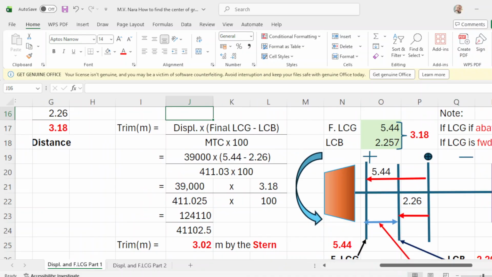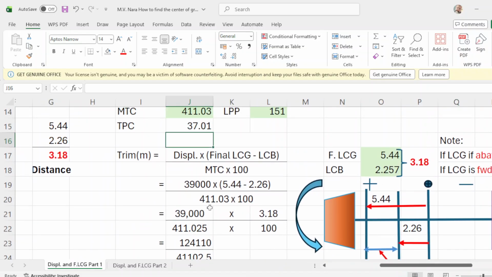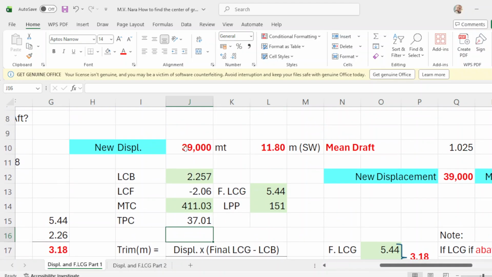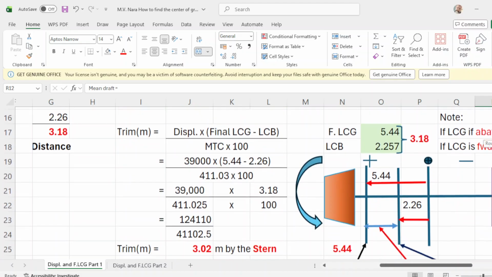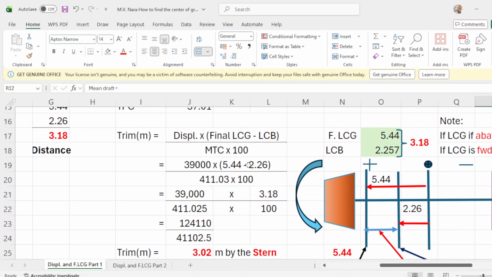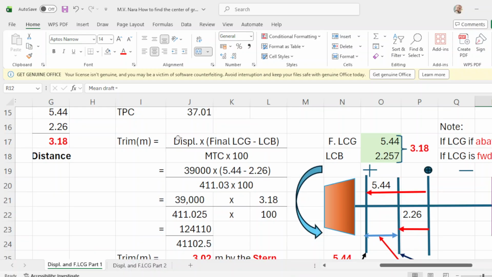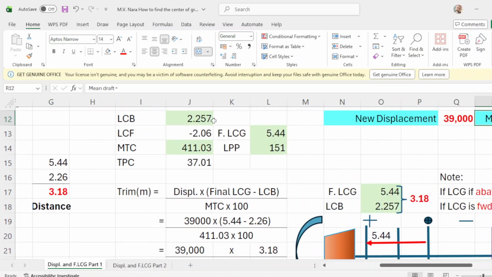Here your displacement is 39,000 and your final LCG is 5.44, minus your LCB, which is 2.26.